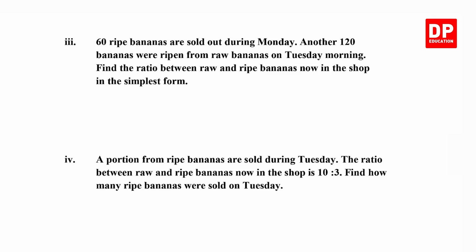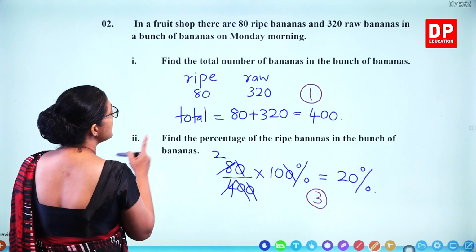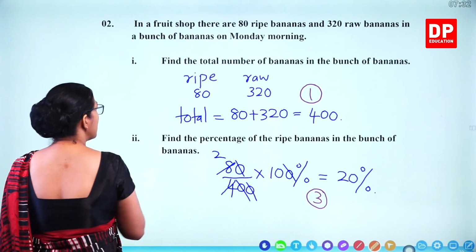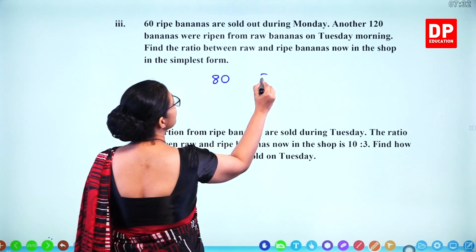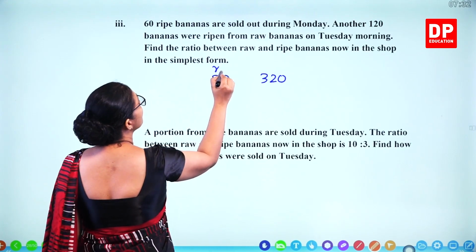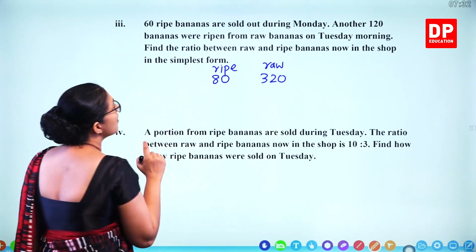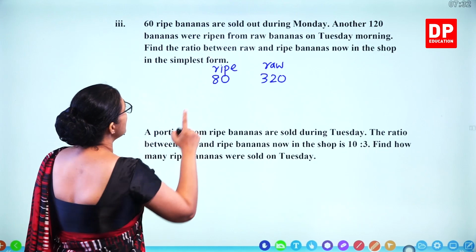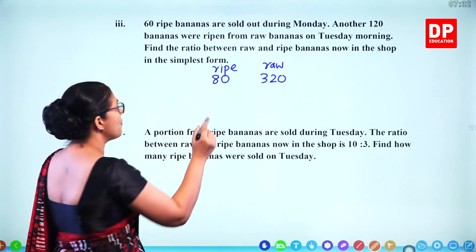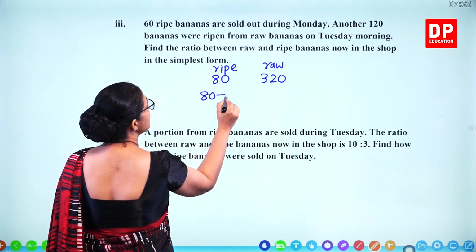Part 3. 60 ripe bananas are sold out during Monday. So we need this information, 80 and 320. 60 bananas are sold. So we have to subtract 60 from 80.